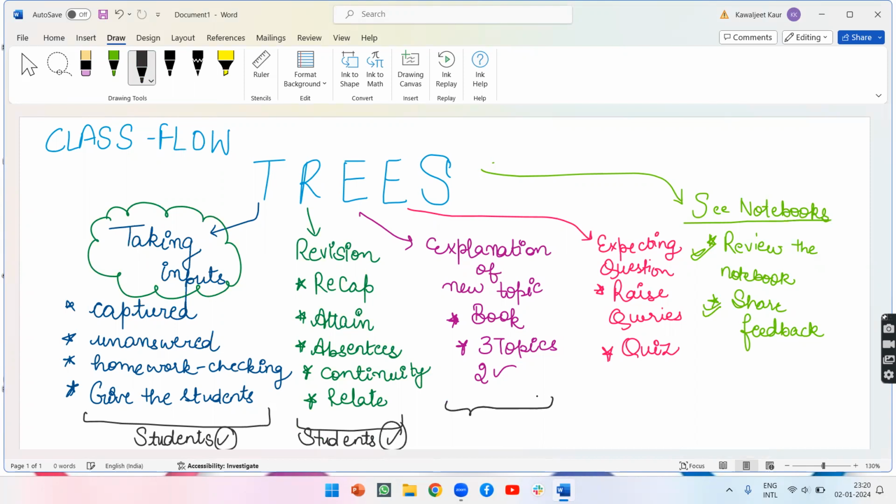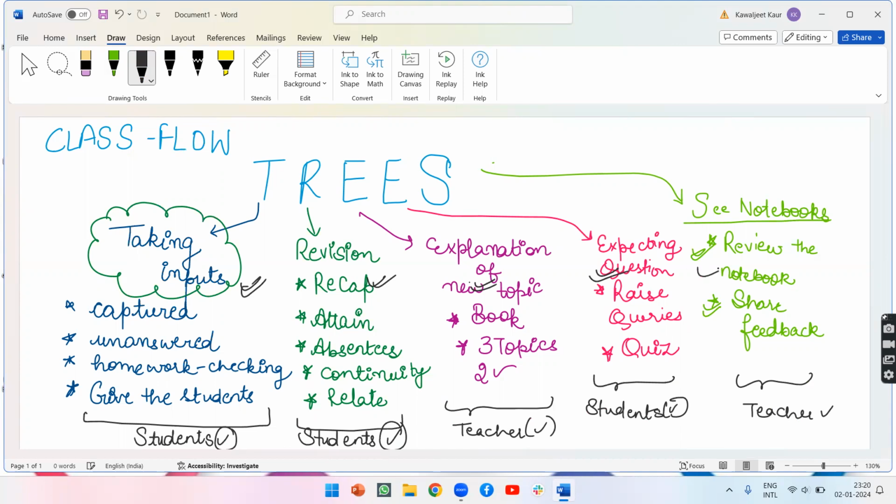Only in this part and this part the teacher is playing his or her role. And this is also student. So it means that the involvement of the student throughout the class is more.